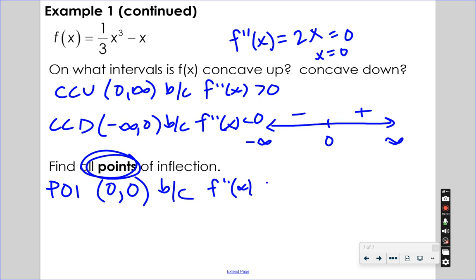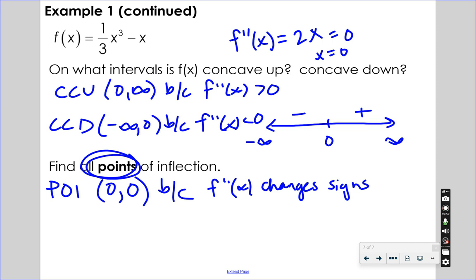Changes signs. Yep, it has to change from negative to positive or positive to negative. There we have it. That's everything so far. Okay? You don't have to say goes from negative to positive. You can say that, it wouldn't be wrong, but this is less writing. So we don't care what sign it changes to and from for point of inflection.